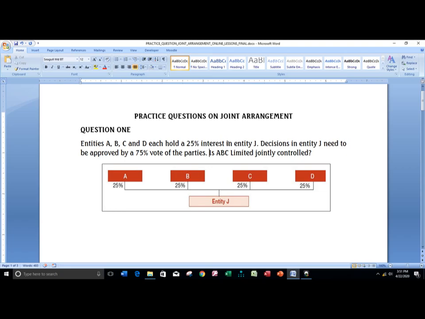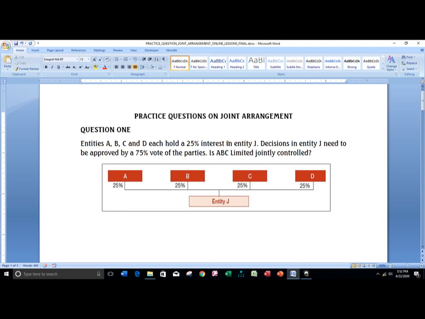So if one party can go ahead because he has majority ownership interest in that entity and wants to make that decision, we cannot say that such an arrangement is a joint arrangement within the principles of IFRS 11.